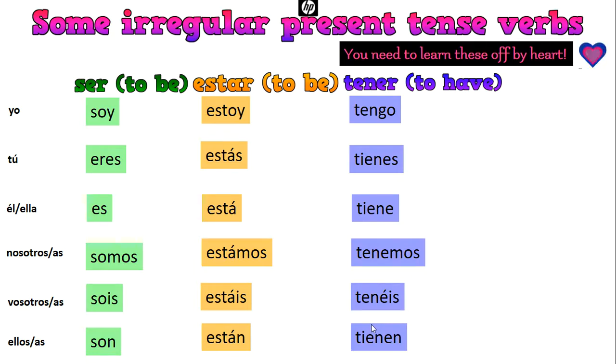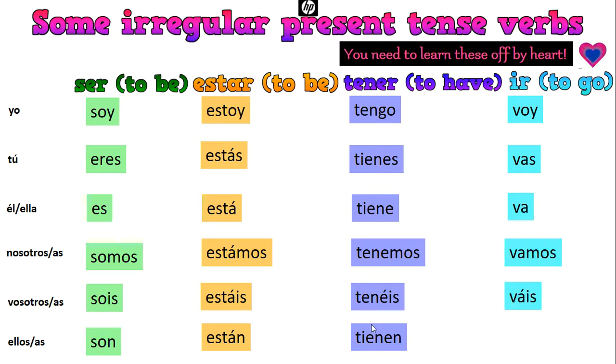And then the 4th one for today is ir, which means to go. And this one goes voy, vas, va, vamos, vais, van.